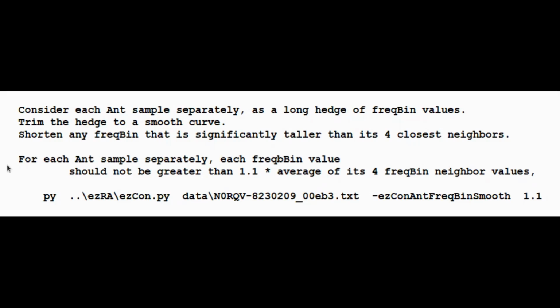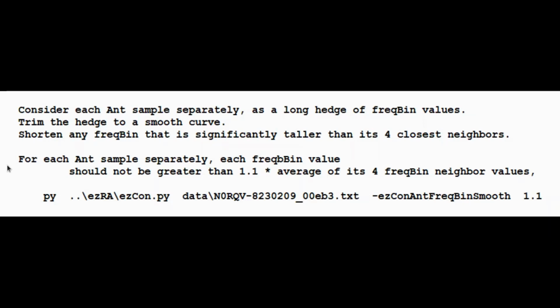And the bush is made out of all these different frequency bin values. Some are higher and some are lower. What you want to do is trim that hedge to a nice smooth curve. You want to shorten any frequency bin that's sticking out that is significantly taller than its 4 closest neighbors. 2 higher frequency bins and 2 lower frequency bins.